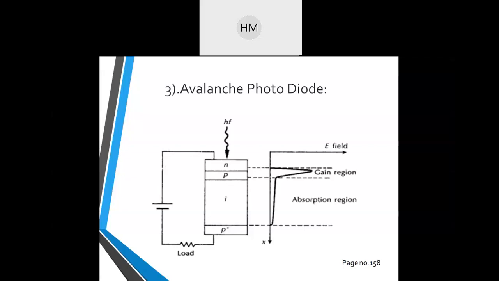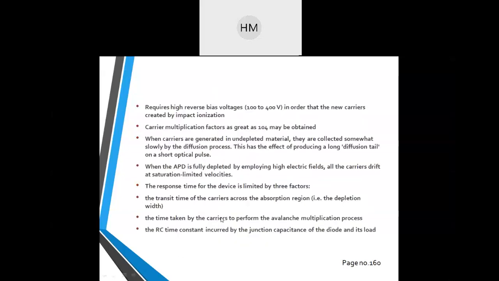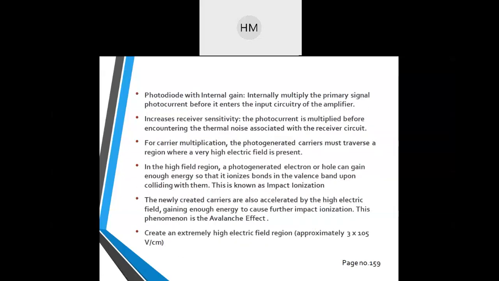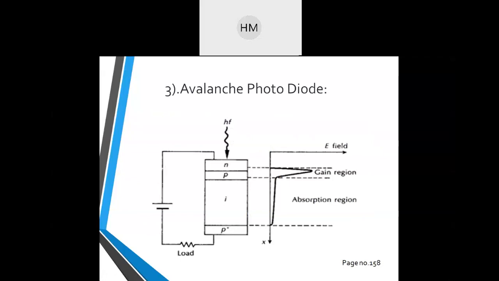In this high field region, a photo-generated electron or hole can gain enough energy so that it ionizes bound electrons in the valence band upon colliding with them. Okay, the newly created carriers are also accelerated by the high electric field, thus gaining enough energy to cause further impact ionization. This phenomenon is the avalanche effect.